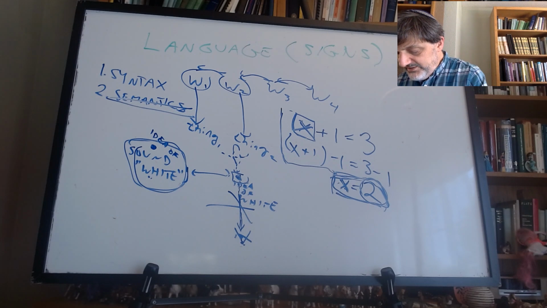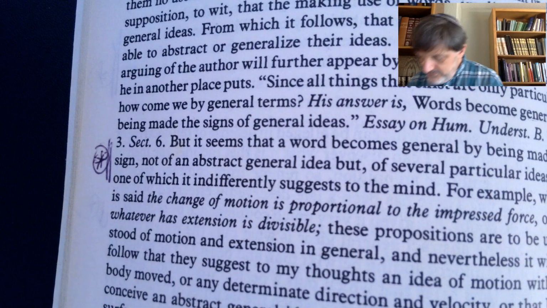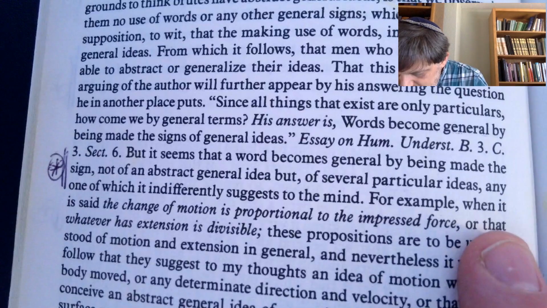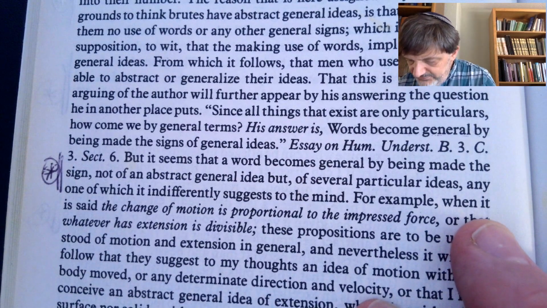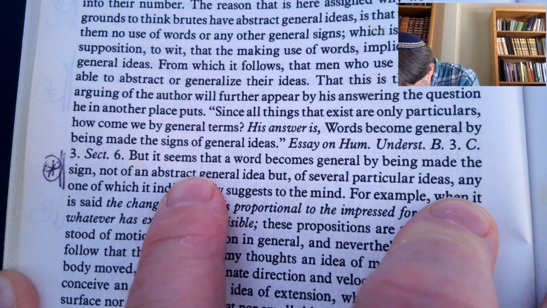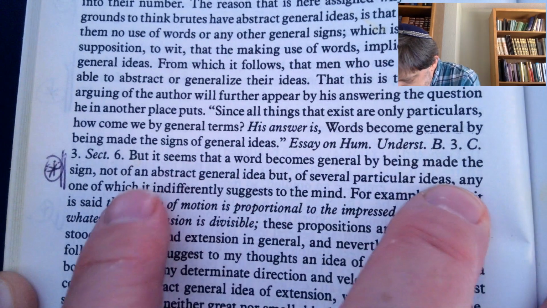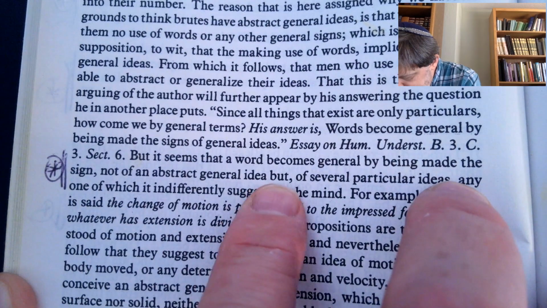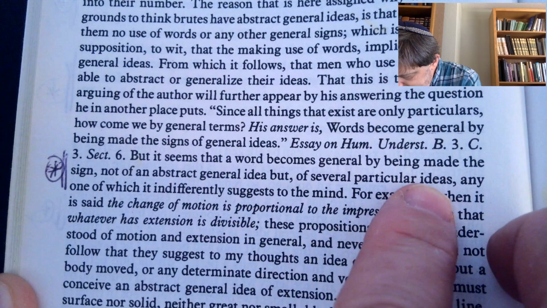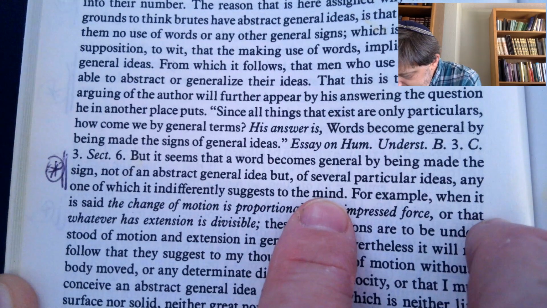So if we look back at his explanation of how general names work, this is section 11 of the introduction on page 12. But it seems that a word becomes general by being made the sign not of an abstract general idea, but of several particular ideas, any one of which it indifferently suggests to the mind.